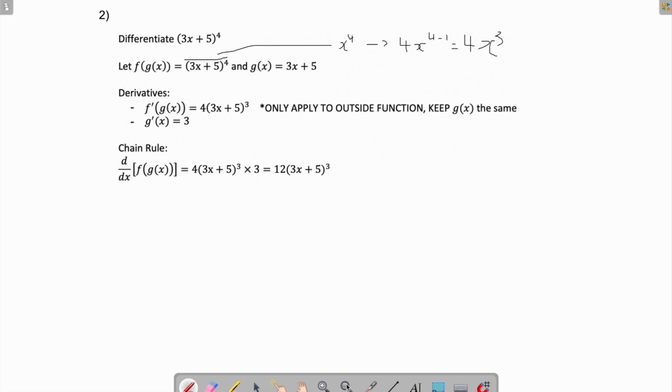So we sub in the 3x plus 5 here, and we get 4 times 3x plus 5 to the power of 3. Awesome. So now we go to our inner function, 3x plus 5, and the derivative is simply 3. Remember, if a part of the function, like the 5 here, does not have an associated variable, it's just a numerical value, that will always go to 0.